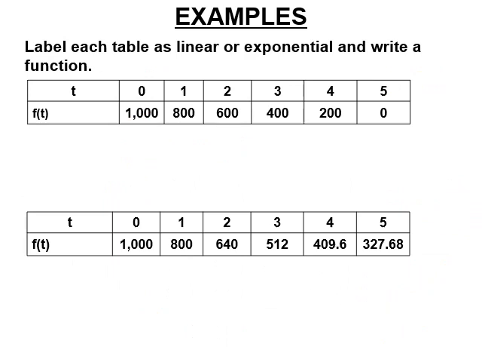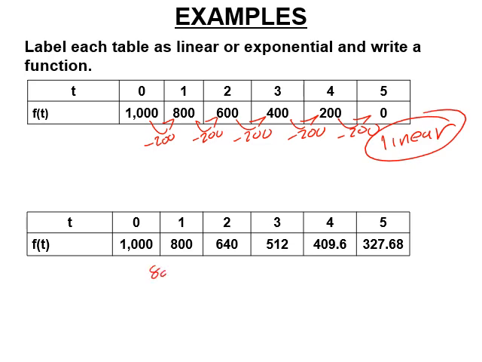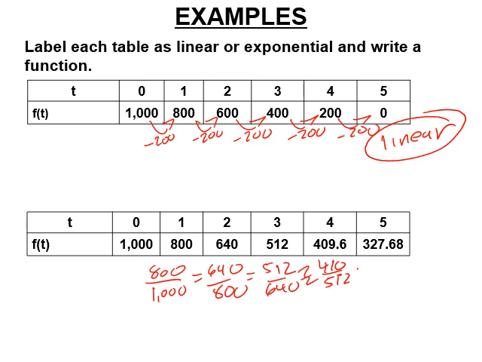All right, so one of these is linear, one is exponential. We're going to write a function for each, label them. These last two have rounding in them, so it's not going to be exact.